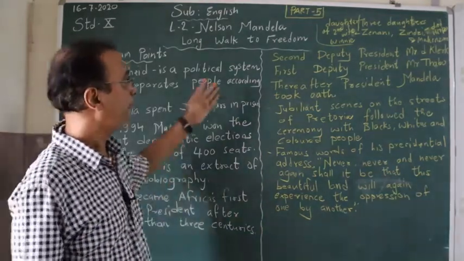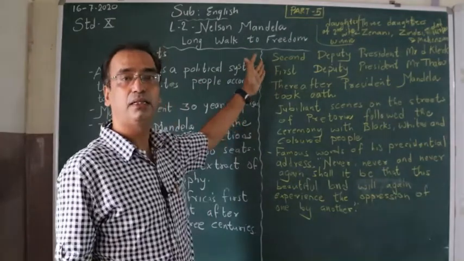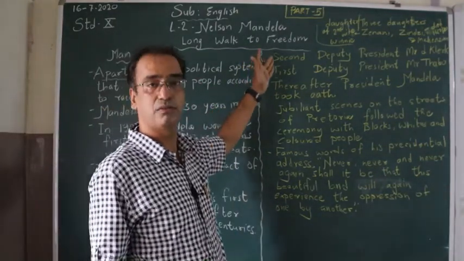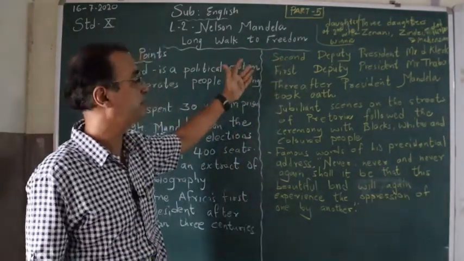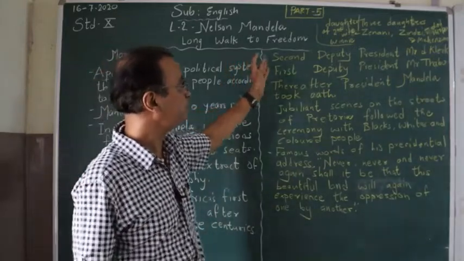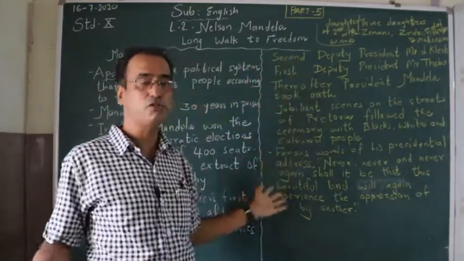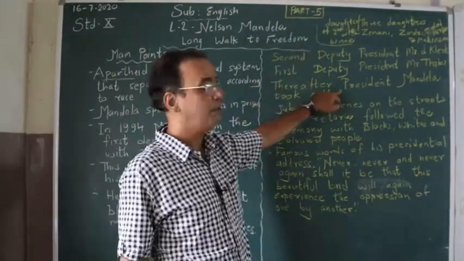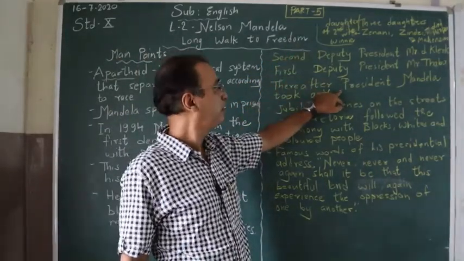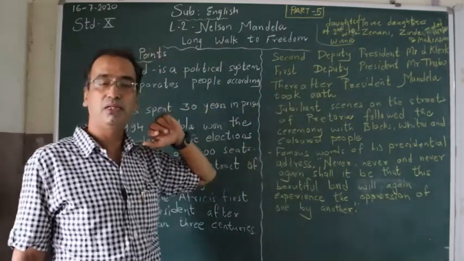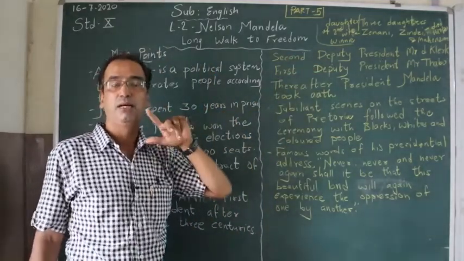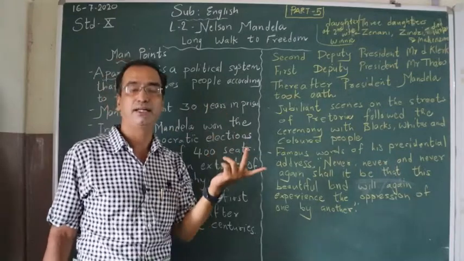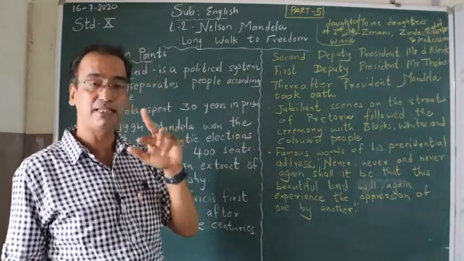Moving further, when the ceremony was conducted, Africa being a very big country, there were 2 deputies who took oath along with the president. Like in our states, we have a deputy chief minister, or a prime minister and his deputy.